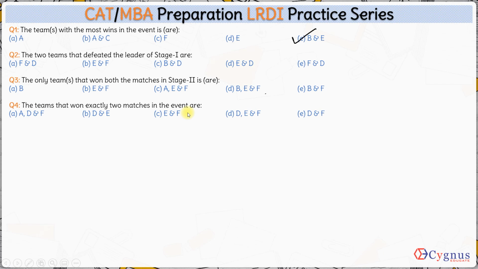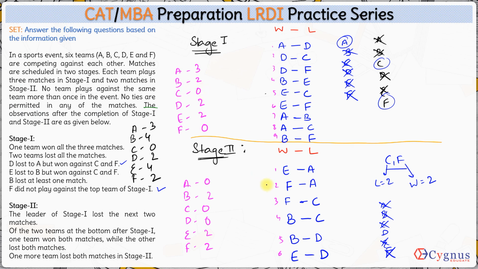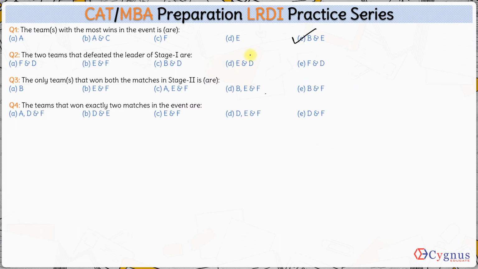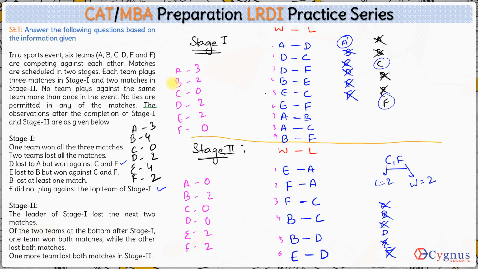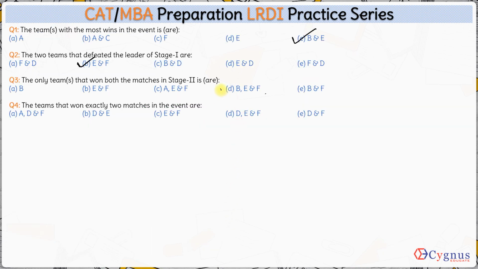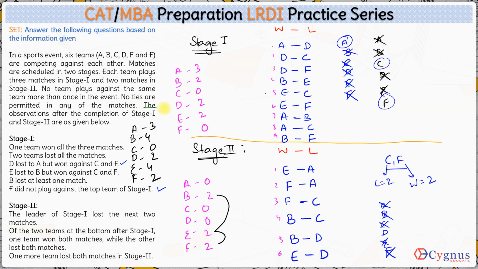Okay. Next question is, the 2 teams that defeated the leader of stage 1 are, which two teams defeated the leader of stage 1? The leader of stage 1 was A and A was beaten by E and F. So the answer will be E and F, option B. Third, the only team or teams that won both the matches in stage 2 are, in stage 2 both the matches were won by B, E and F. So this will be option D, B, E and F. And finally, the teams that won exactly 2 matches in the event are.